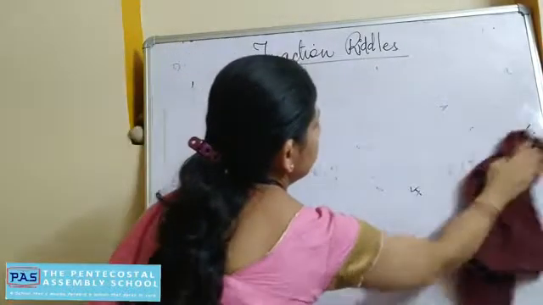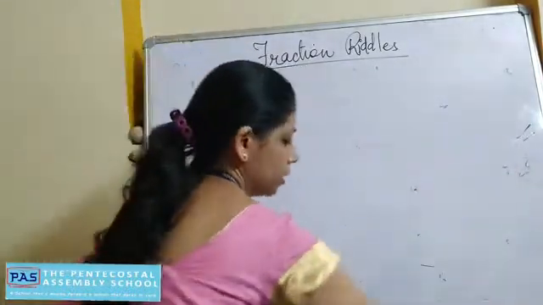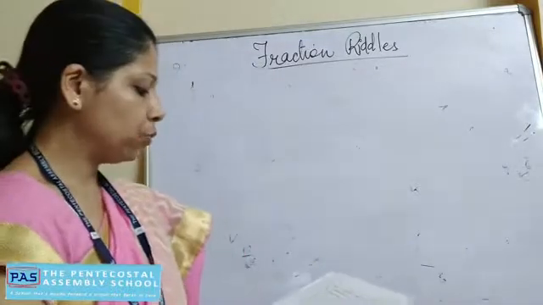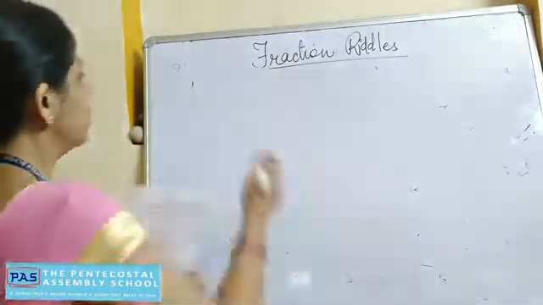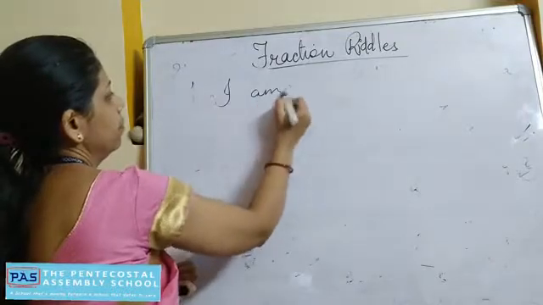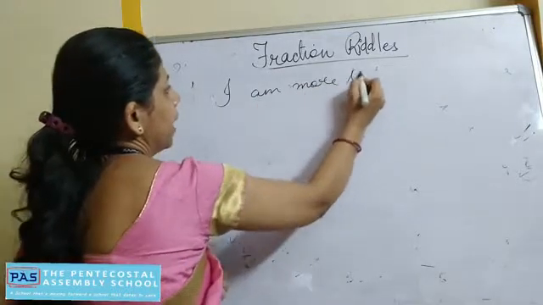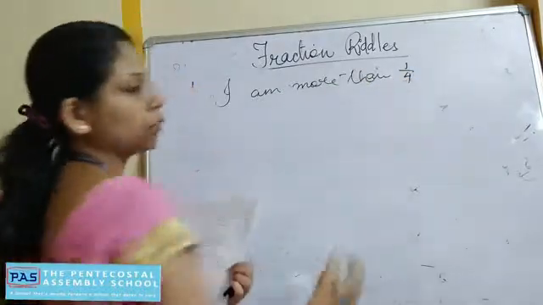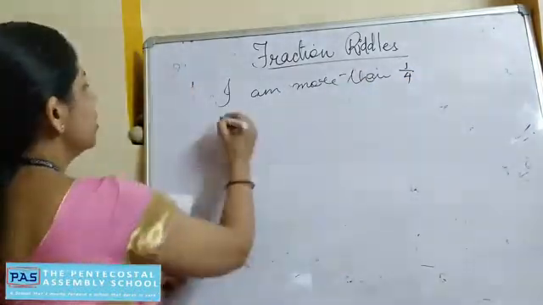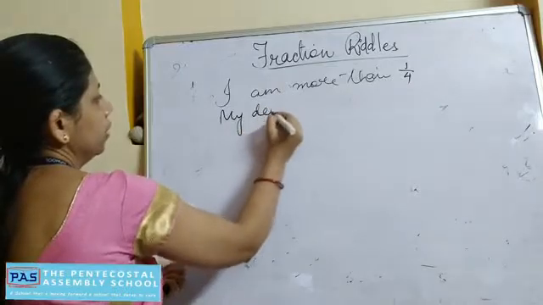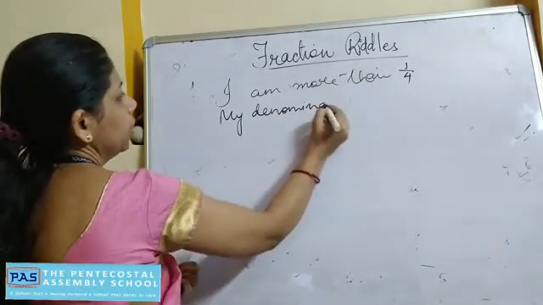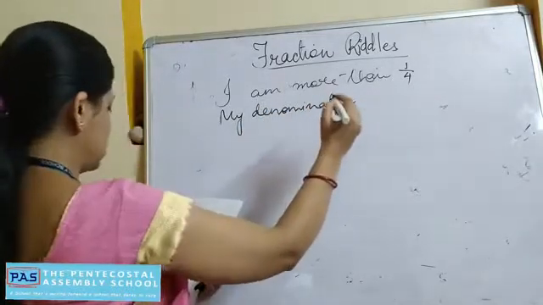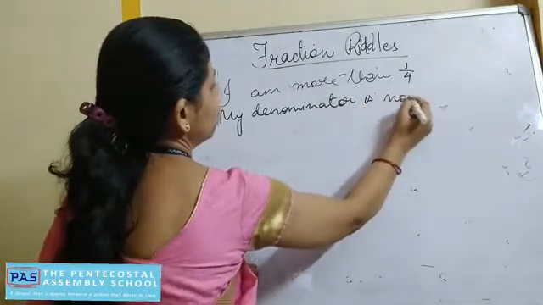The next riddle is, I'm writing the question on the board and the options will be the same though. I am more than 1/4. Okay, it is more than 1/4. My denominator is not 4.